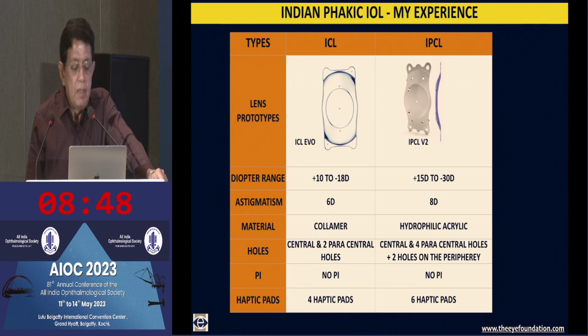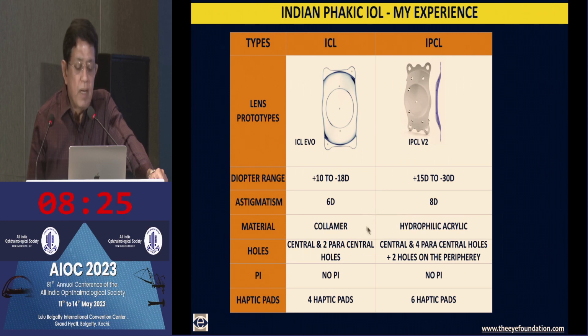Coming to the differences between these two current generation lenses, the ICL, which is dispensed in BSS, corrects between plus 10 to minus 18 diopters, while the IPCL is available in a larger range of about plus 15 to minus 30. Again, for astigmatism, there's a slightly higher range of correction possible with IPCL.